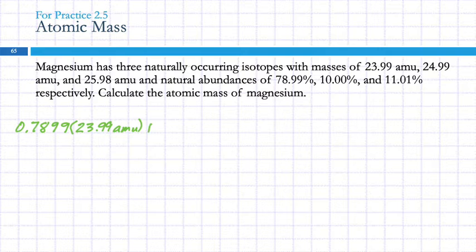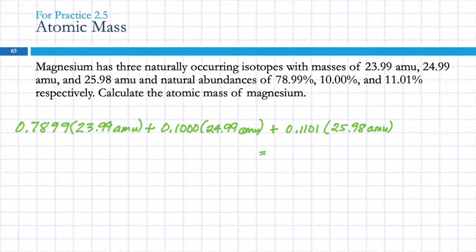And then I'm going to do the same thing for the next one. 10%, this becomes 0.1000 times 24.99 AMUs. And then the last one, 0.1101 times the last mass, 25.98 AMU.